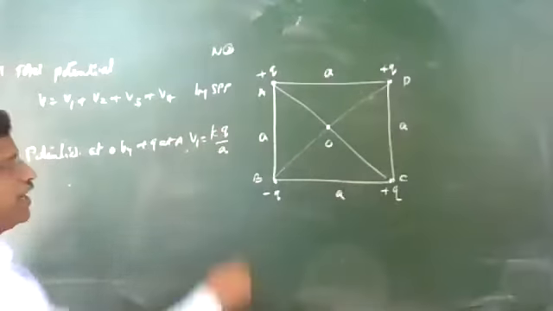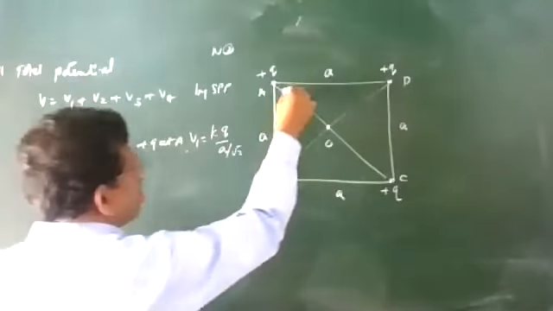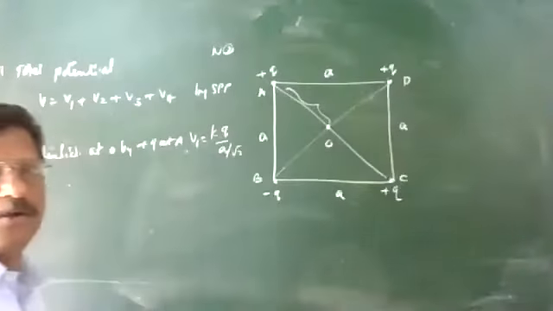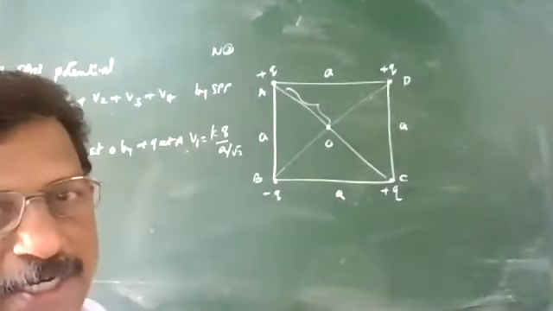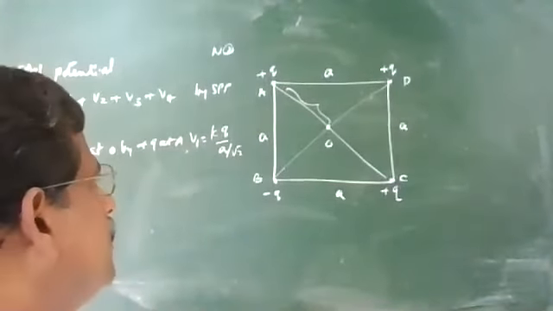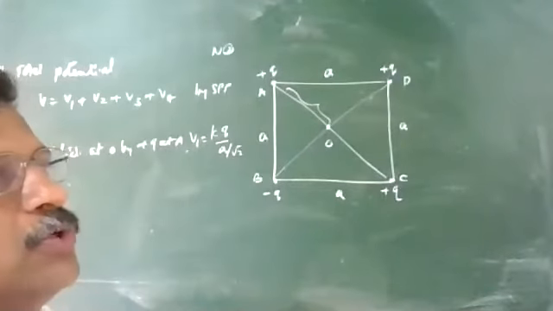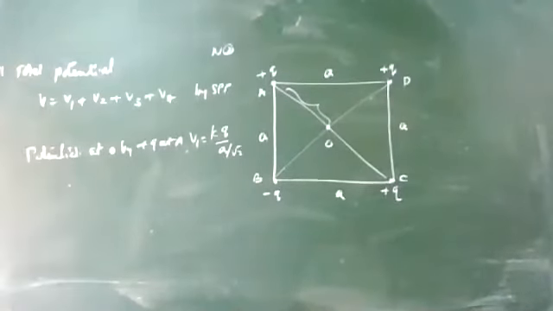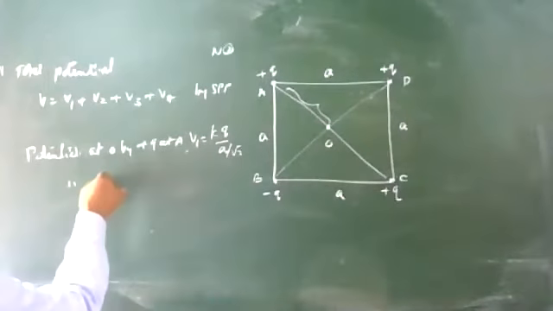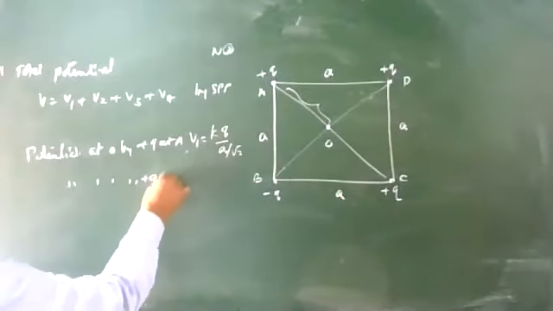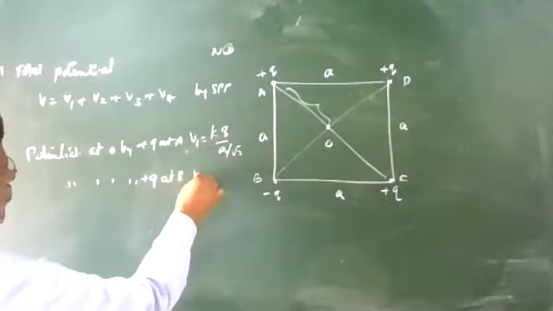What is the distance? Corner to the center distance. Corner distance is root 2 A, so it is A by root 2. Similarly, potential at O by the charge at B, V2.